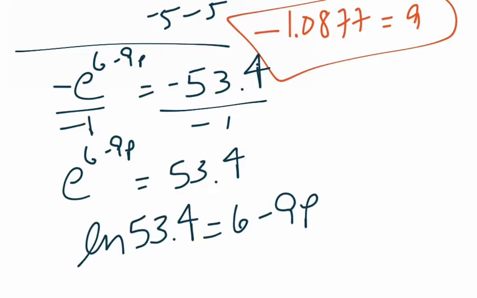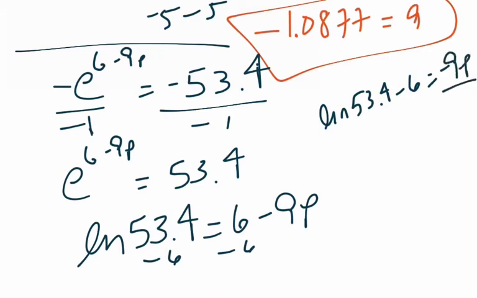And then in this case, I'm going to minus 6 from both sides. So I wind up with ln of 53.4 minus 6 is equal to negative 9p. And I'm going to divide by negative 9. So p winds up to be, that rhymes, ln 53.4 close minus 6 divided by negative 9.